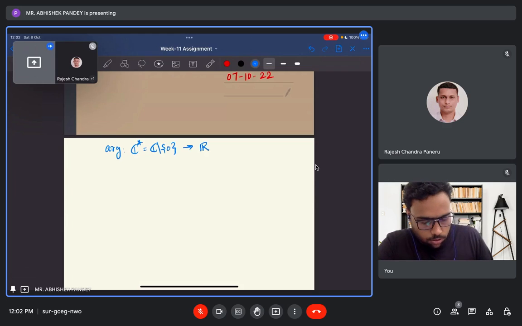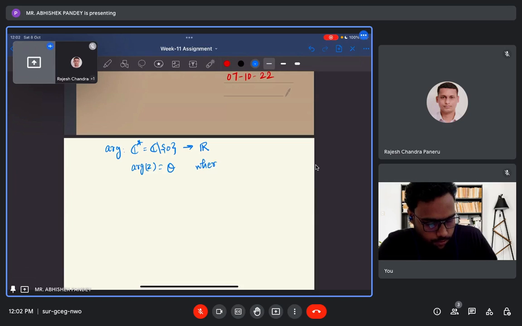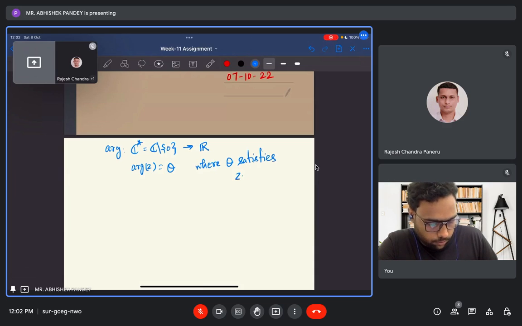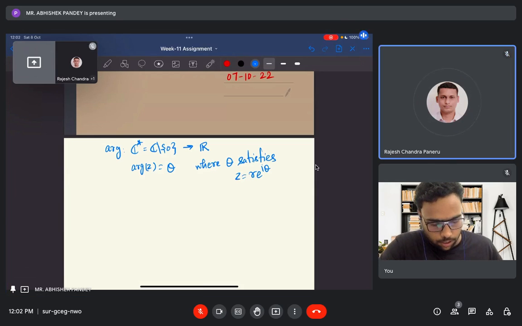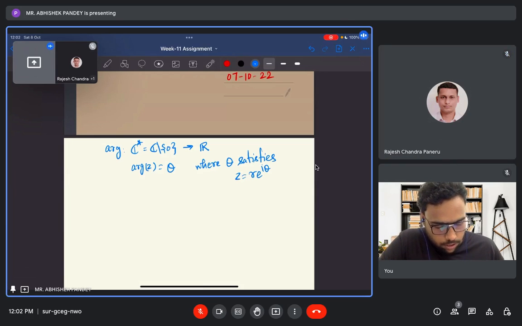The argument of z is theta, where theta satisfies the defining condition. Now you can see that for a particular value of z, this argument will give different thetas.